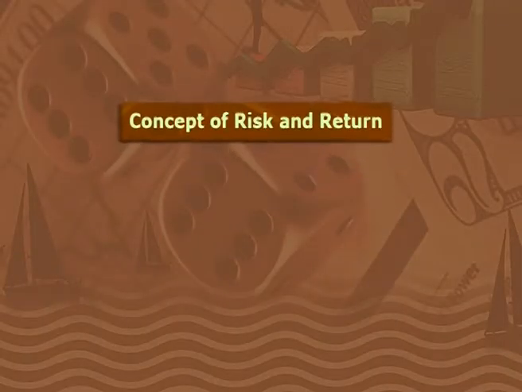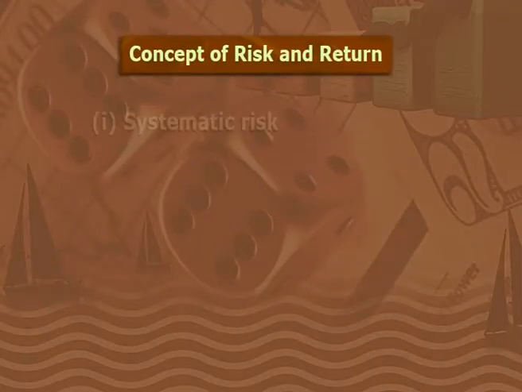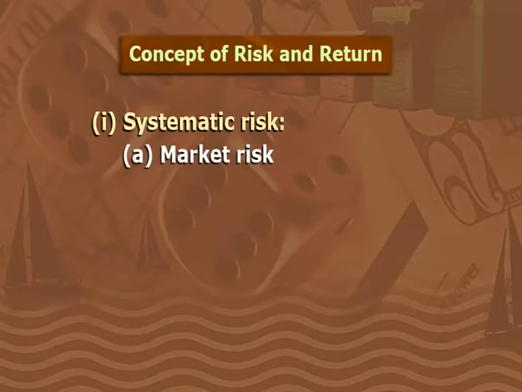Risk can be categorized into 2 types. Systematic risk. It refers to the variation in return caused by factors that affect the price of all securities. They can be social, political, and economic changes. Generally, it has a similar impact on prices of securities and is unavoidable. Such risk can be due to the following reasons. Market risk.